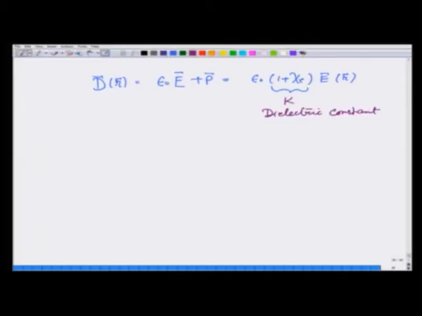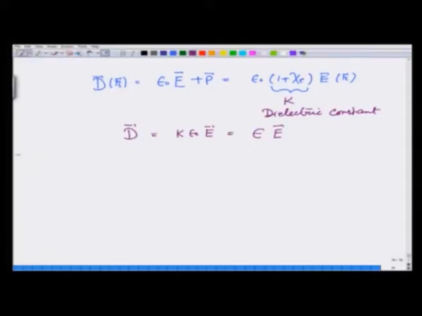Right. So, D in a dielectric material is going to be equal to K epsilon 0 E, and sometimes we write this as D equals epsilon E, where epsilon is the permittivity of that material.